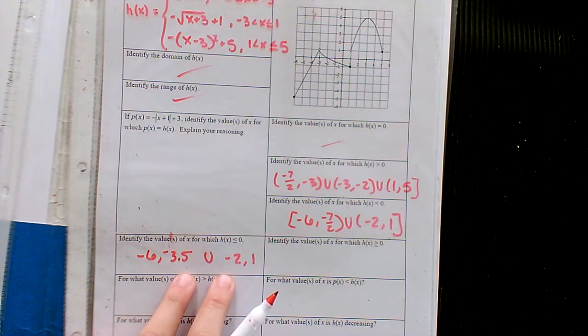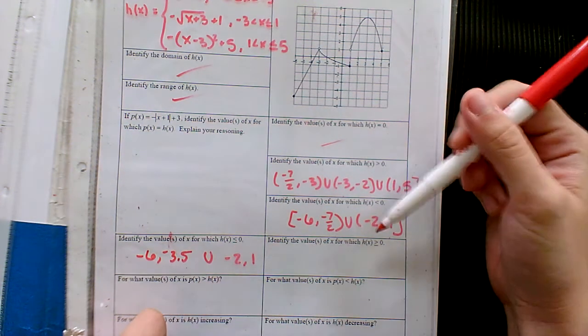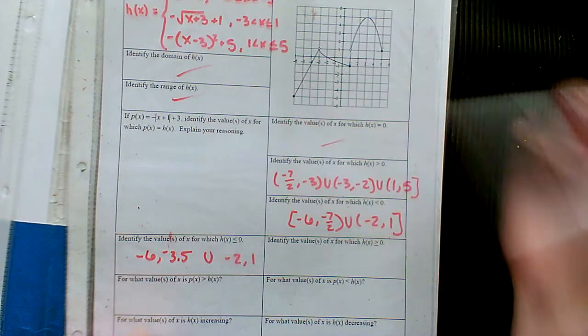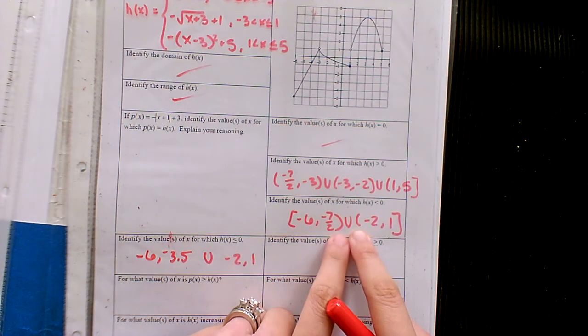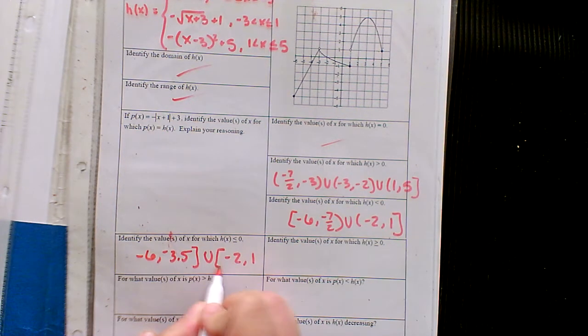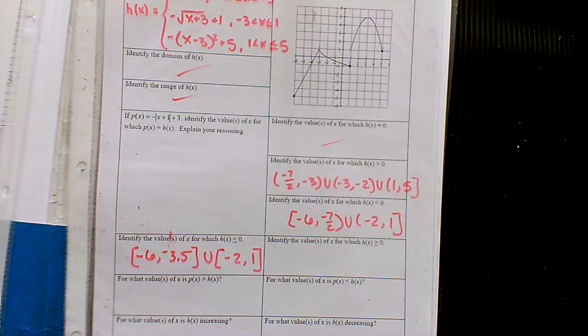But now we can include the x-intercepts because we have that equal bar. So in our interval here, the x-intercepts were -3.5 and -2. So instead of these being parentheses previously, they should be brackets now. It's basically the same intervals, the same values, but notice how the symbols change because the question changed. Does that make sense? Okay.